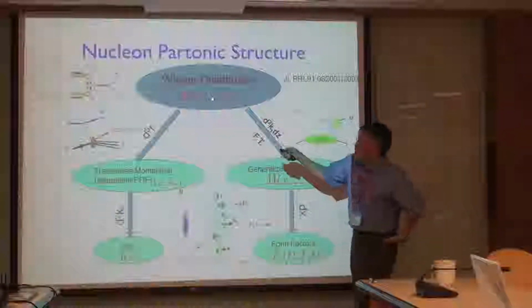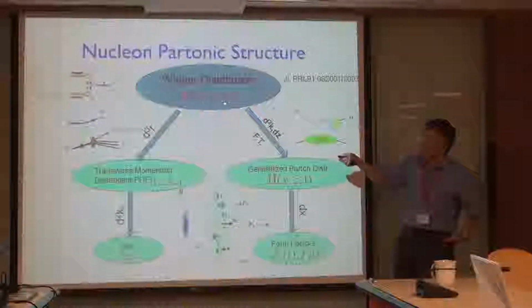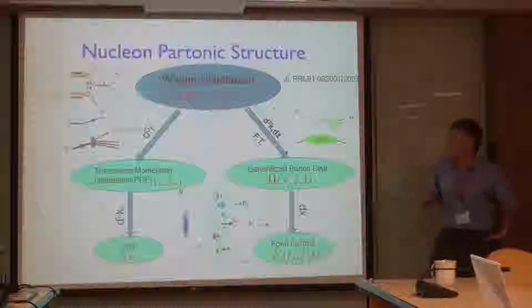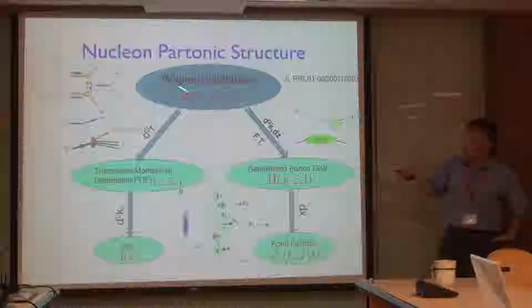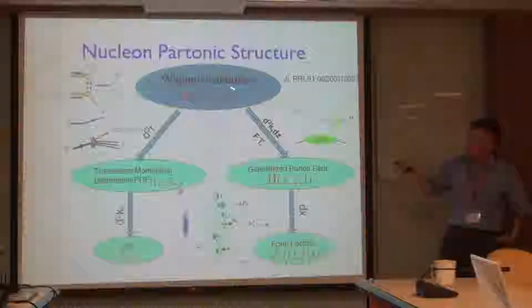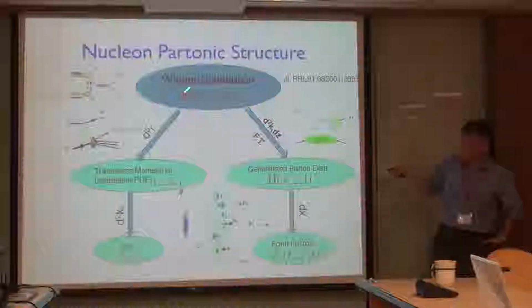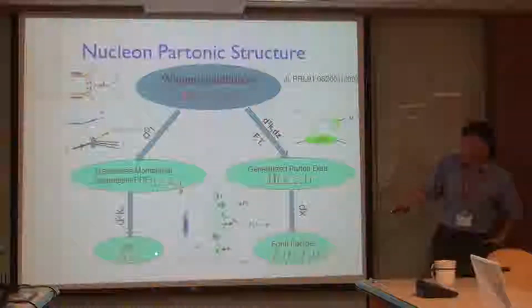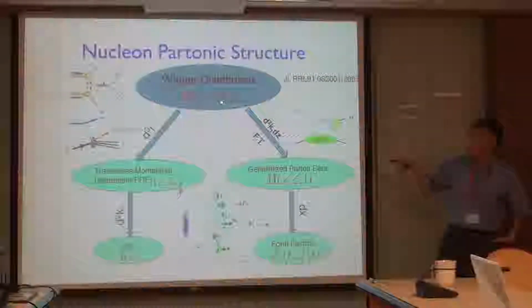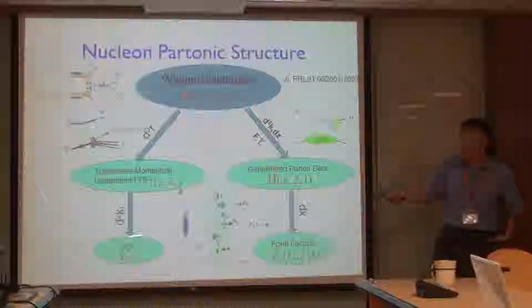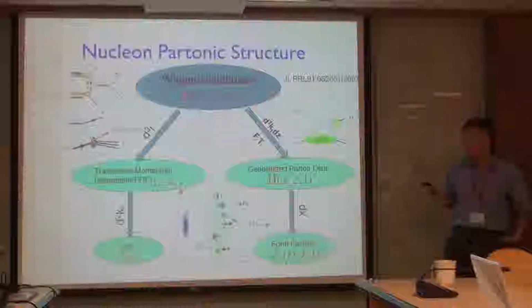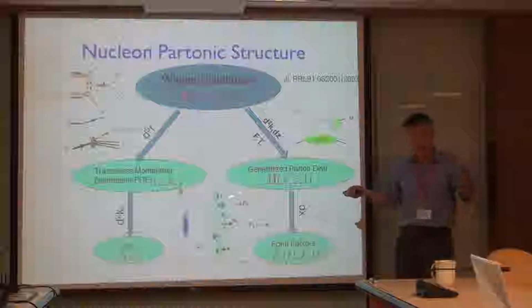It has the longitudinal momentum information, the transverse momentum information, and also the transverse position. But because there are so many variables, experimentally the one we are most familiar with is the PDF, where the KT and the R are integrated out, so we go to one dimension and only care about the parton density as a function of X.